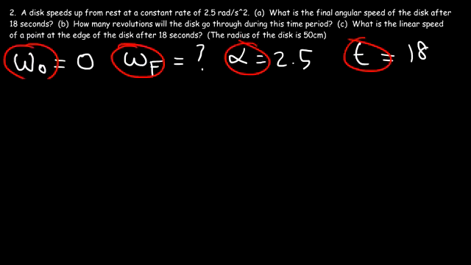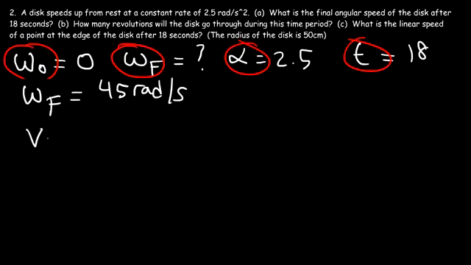Now what about part C? What is the linear speed of a point at the edge of the disk after 18 seconds? Keep in mind the final angular speed we said was 45 radians per second. It was 18 times 2.5, and that's how we got that answer.